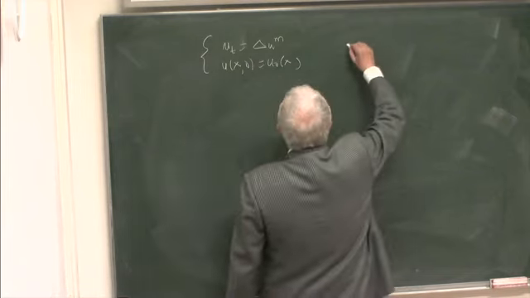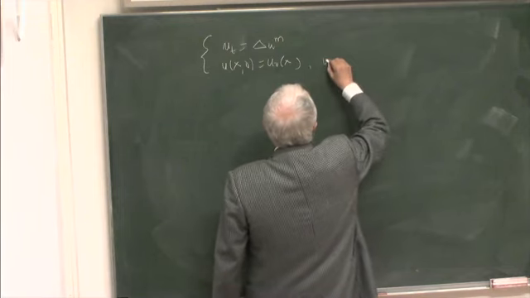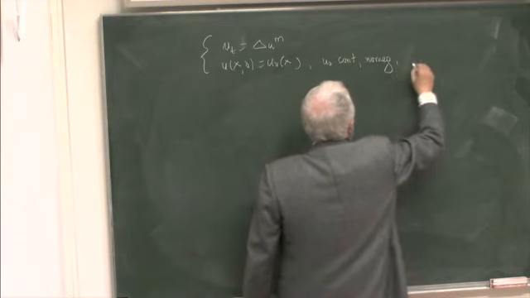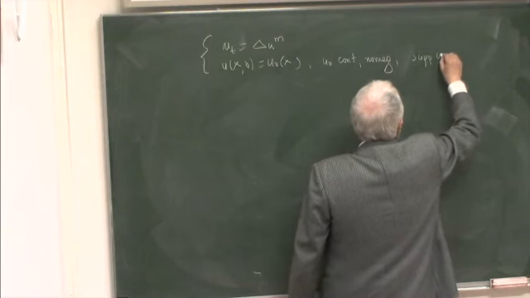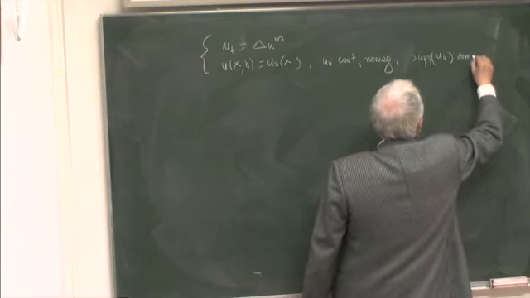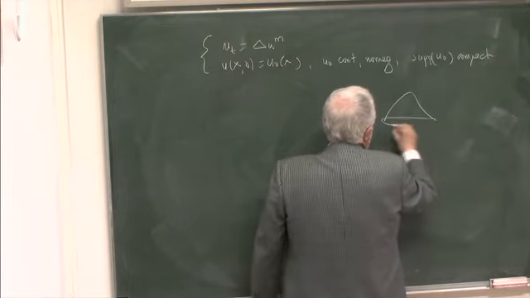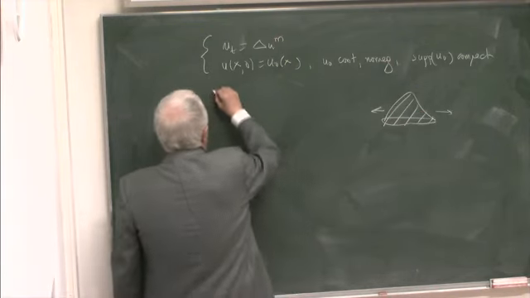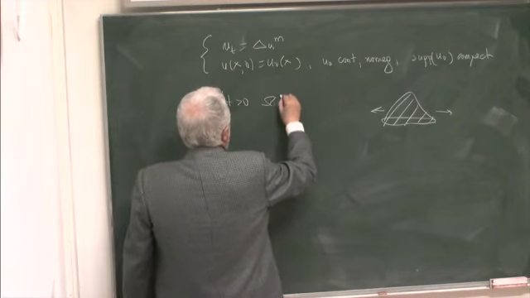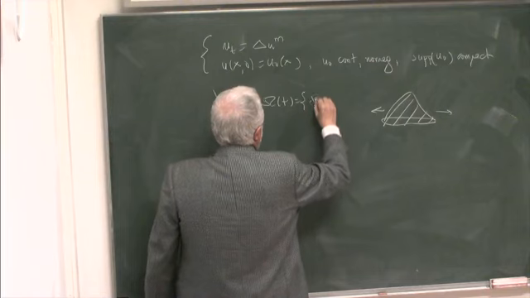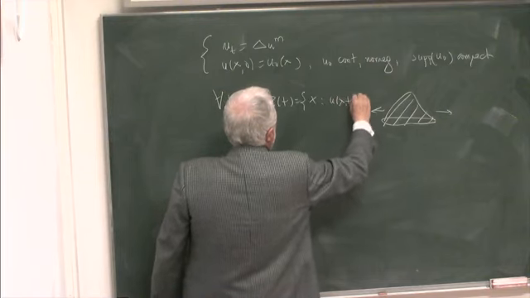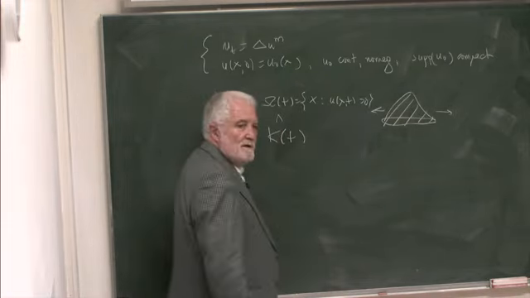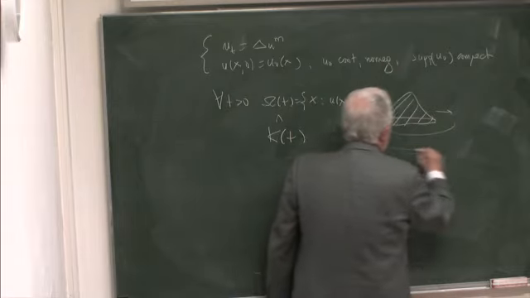And u0 is, for instance, continuous, non-negative, and the support of u0 is compact. Okay, so essentially u0 is something like this, and then you want to move it, and what happens is that for every t larger than 0, omega t, which is the set of the points x where u(x,t) is positive, is contained in a compact K_T. So it begins moving and moving.